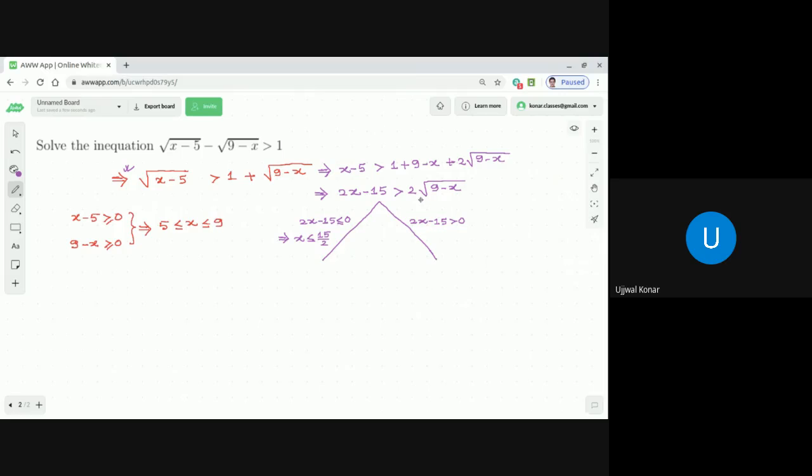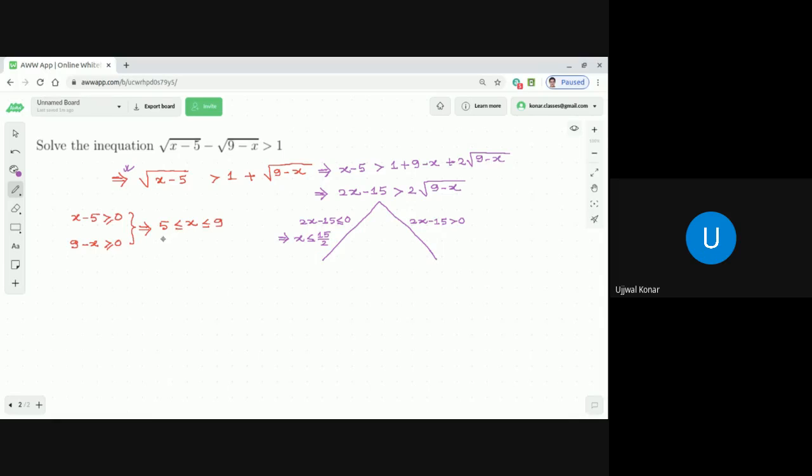How is it possible? We only considered that square root of 9 minus x has to be positive. If square root of 9 minus x is positive, then 2 into square root of 9 minus x is also positive. And we see if x is less than or equal to 15 by 2, 2 into square root of 9 minus x becomes negative, that is less than 0. So any value of x less than or equal to 15 by 2 is not an acceptable solution.